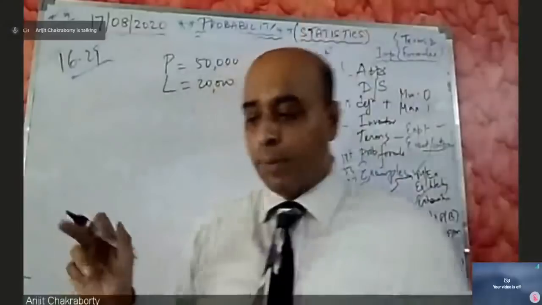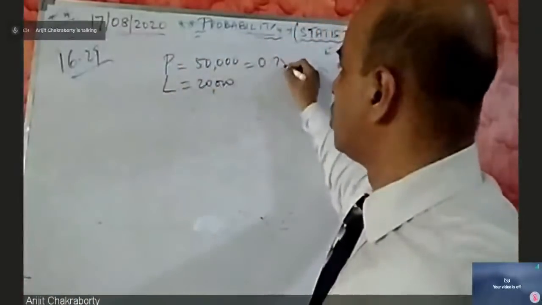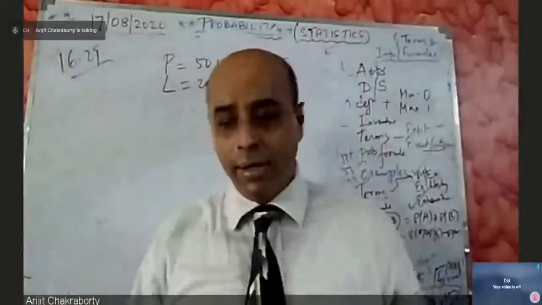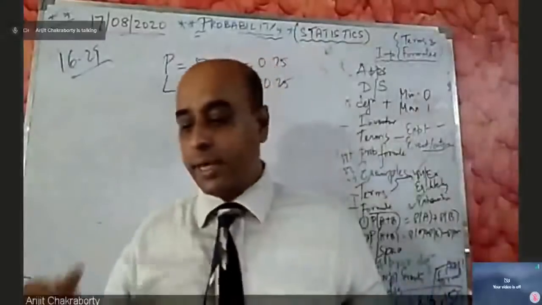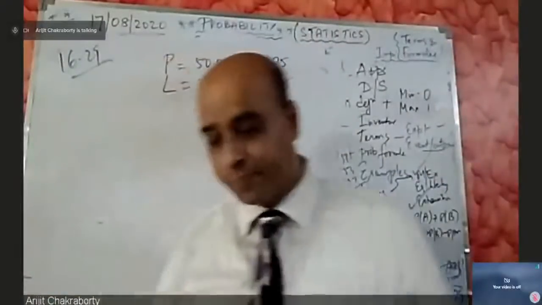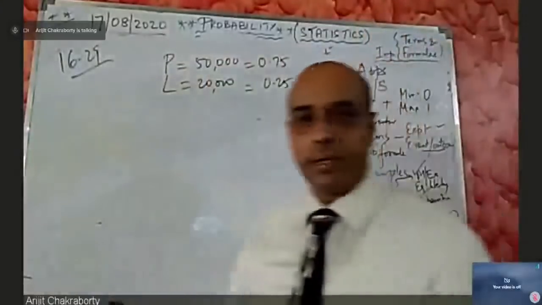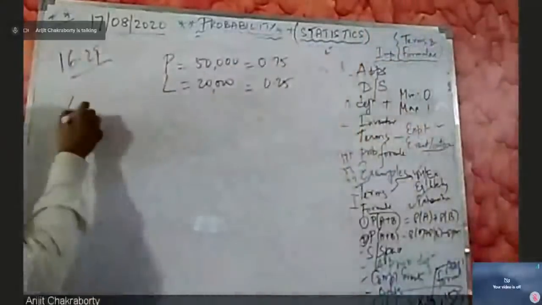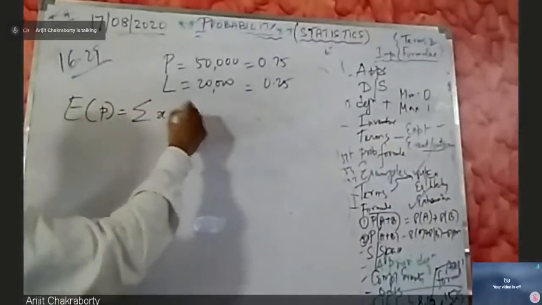The probability of making profit is 0.75, and the probability of making loss is 0.25. What is his expected profit? Here expected profit EP is equal to sigma xi into pi.